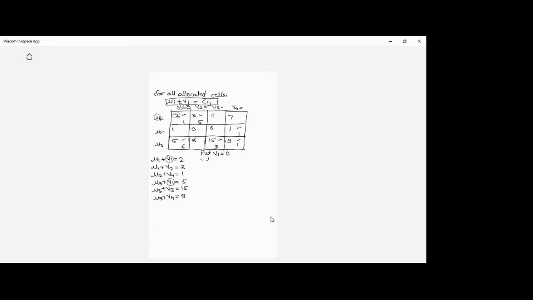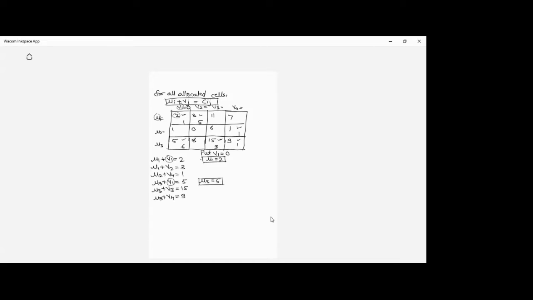So the value of u1 will be equal to 2. Similarly, here u3 plus v1 is equal to 5. If I put v1 is equal to 0, I'll be getting u3 is equal to 5. Easy, right?